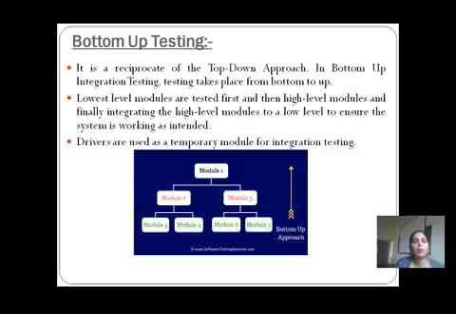See here, modules 4 and 5 are combined into module 2, or vice versa, module 2 is based on modules 4 and 5, and modules 6 and 7 are based on module 3. That is done in the middle level. So these are the middle level modules, and they get tested after the low level modules, that is nothing but modules 2 and 3.